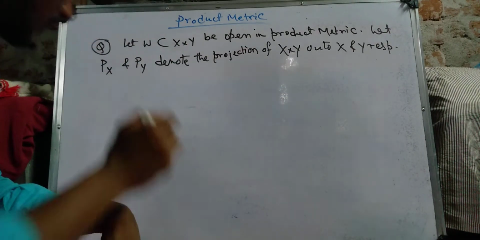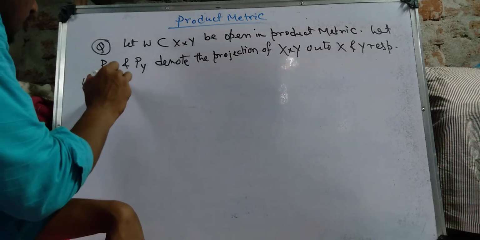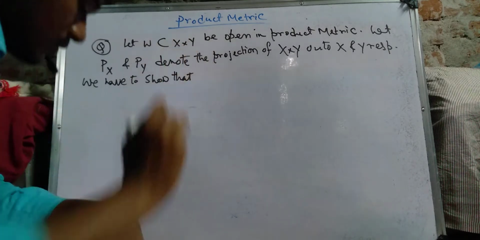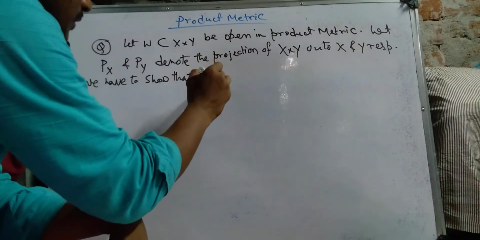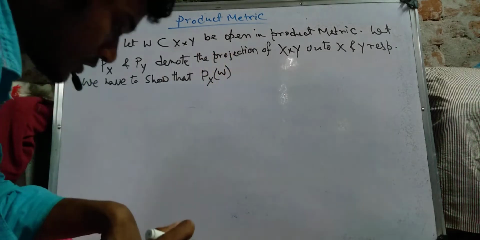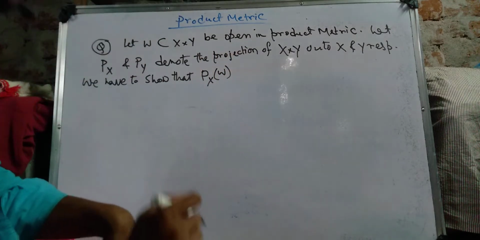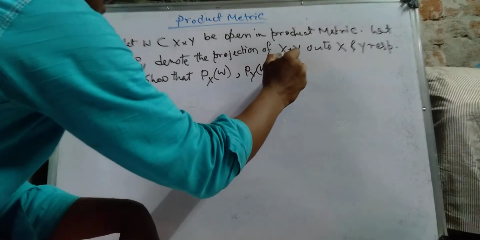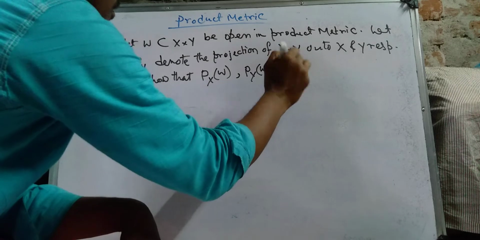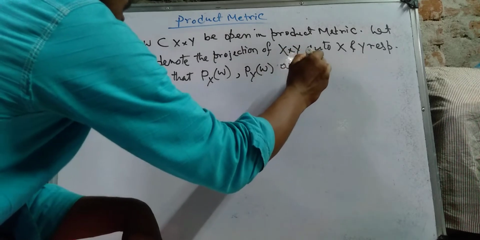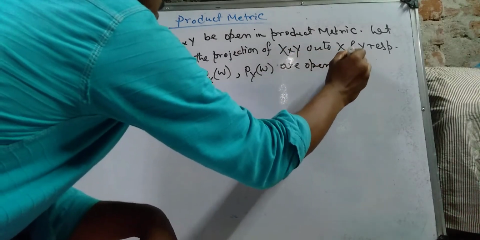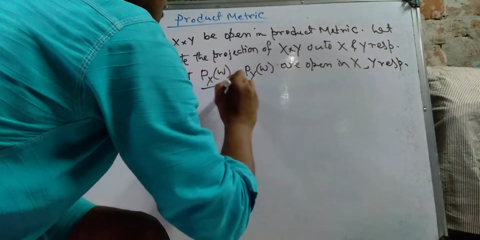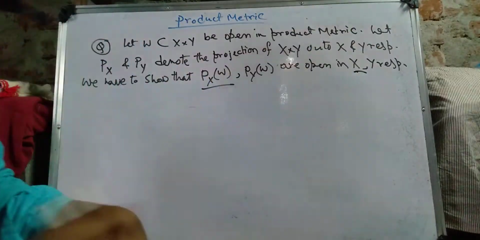Then we have to show that p_x(W) and p_y(W) are open in X and Y respectively. That means this one is open in X, this one is open in Y.